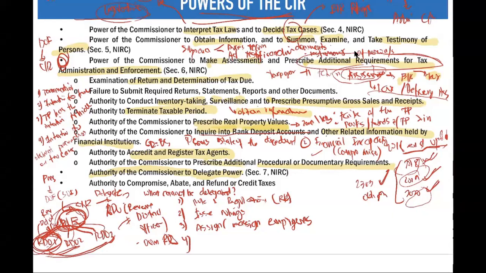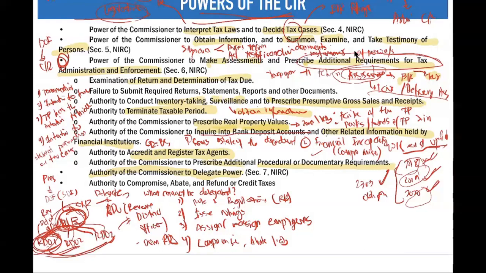Another non-delegable power of the CIR is the power to compromise or abate liability. Okay? So what cannot be delegated?